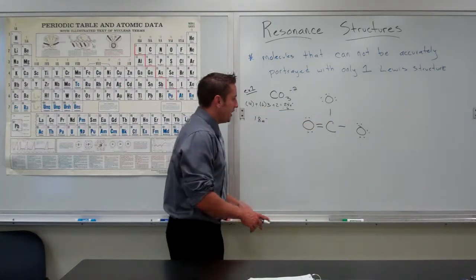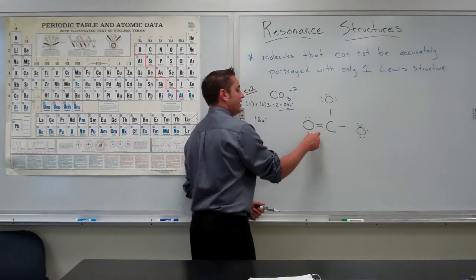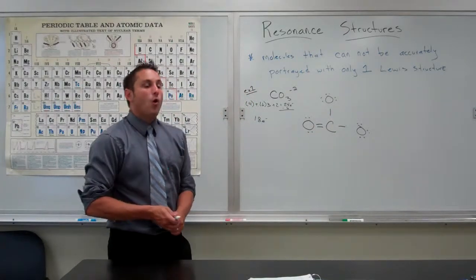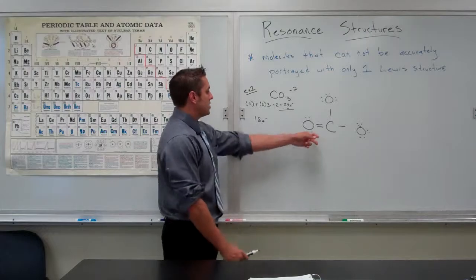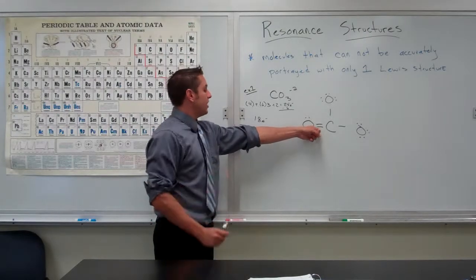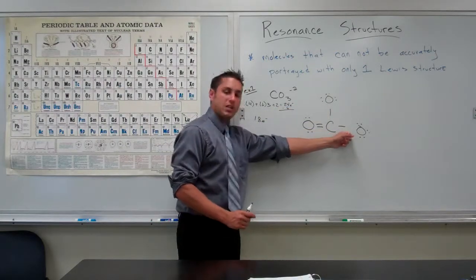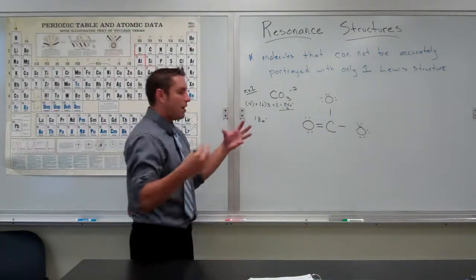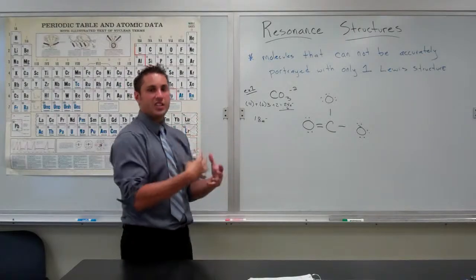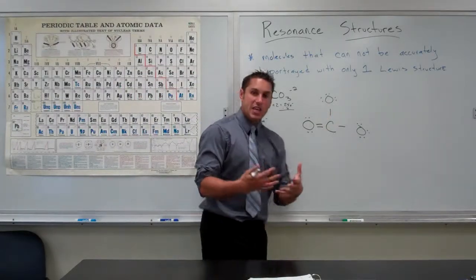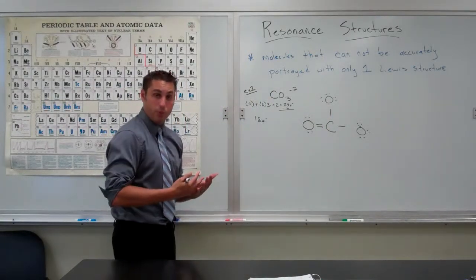What they found is all 3 of these bonds are the same length, which means that sometimes the double bond, which is shorter, gets formed here, sometimes it gets formed here, and sometimes it gets formed here, and whenever we combine all those molecules together, it looks like we have 3 equal length bonds because the double bond moves.